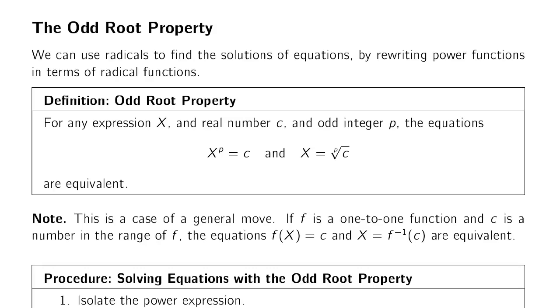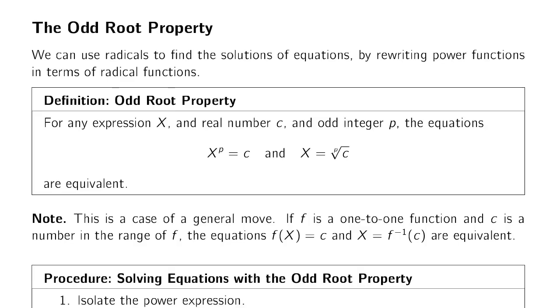One of the things that we'd like to be able to do with radicals is to solve equations that involve power functions. For odd powers, that's very easy because the power functions are one-to-one and the radical functions are actually their inverse.